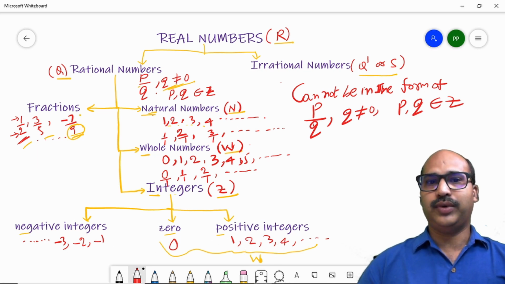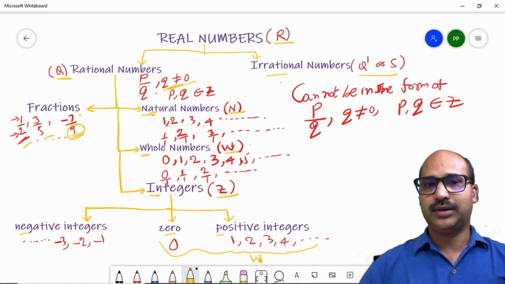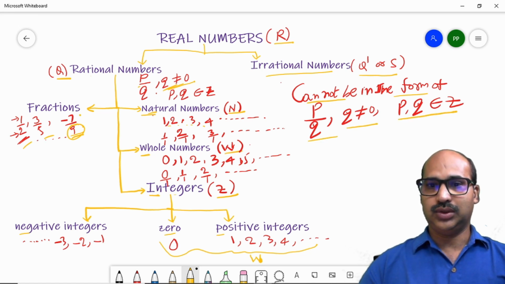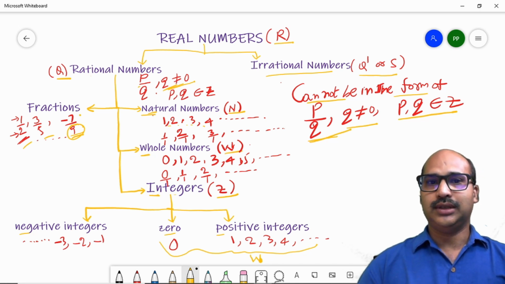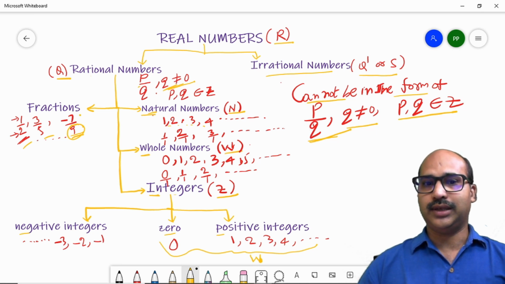Whereas irrational numbers cannot be in that form. If this is the case, then they are called rational numbers. Irrational numbers are like root 2, root 5, pi, and so on.